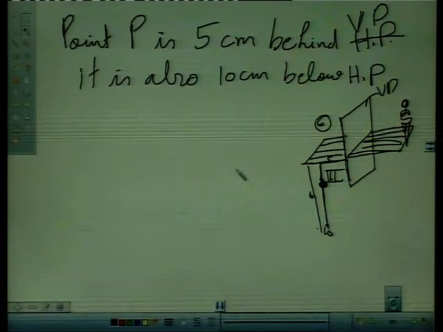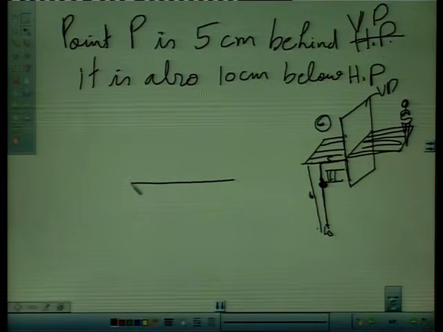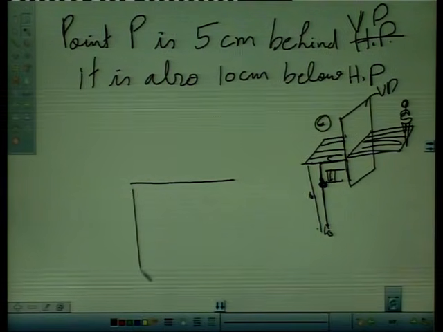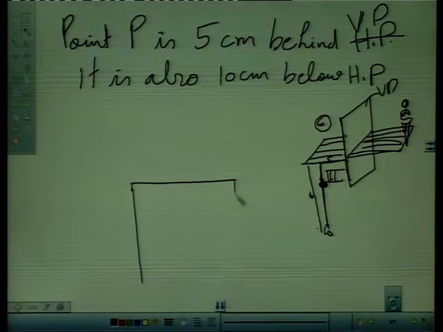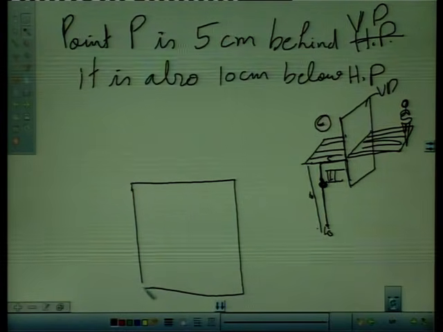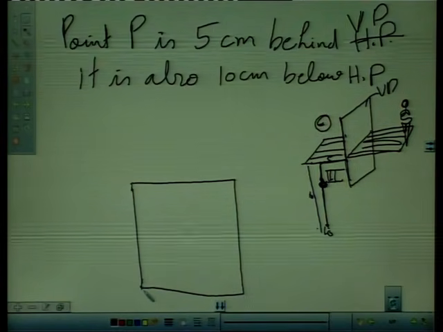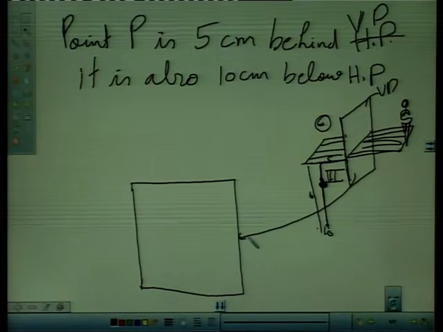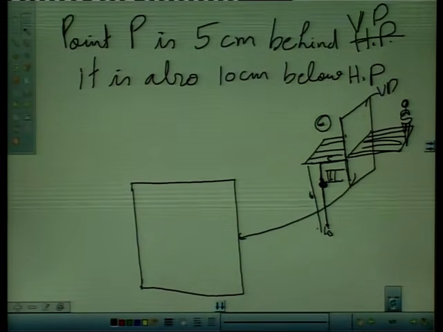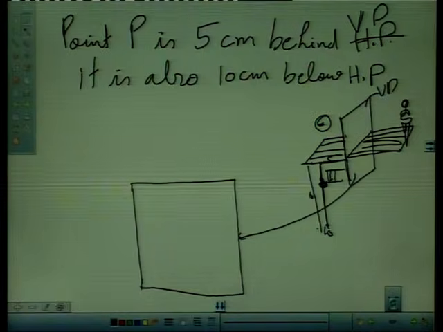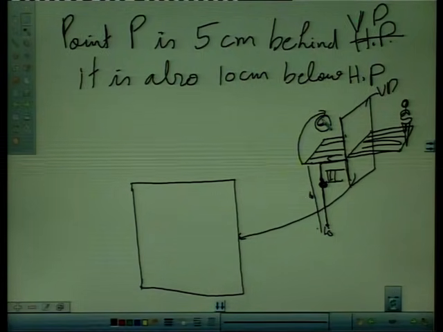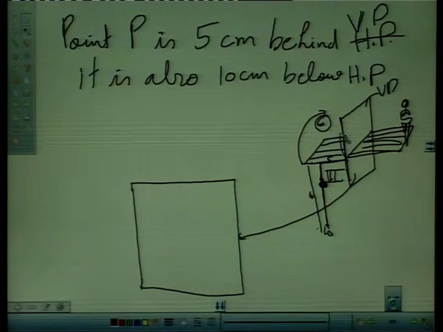So we'll draw a line like this. Vertical plane will be like this, and this horizontal plane will again move clockwise by 90 degrees. So when this plane will move like this, it will come parallel to this plane.